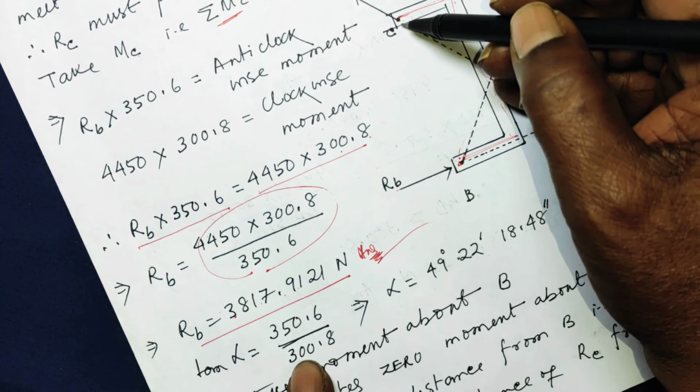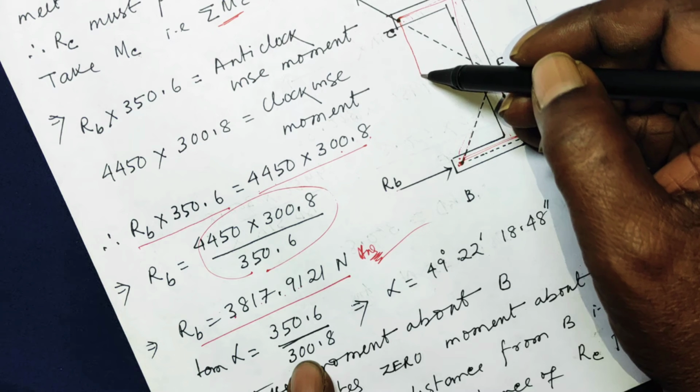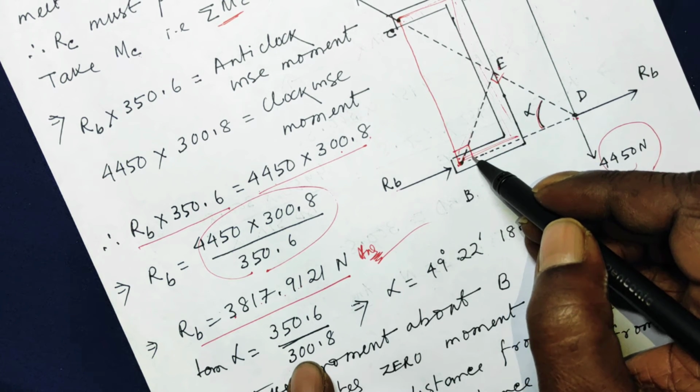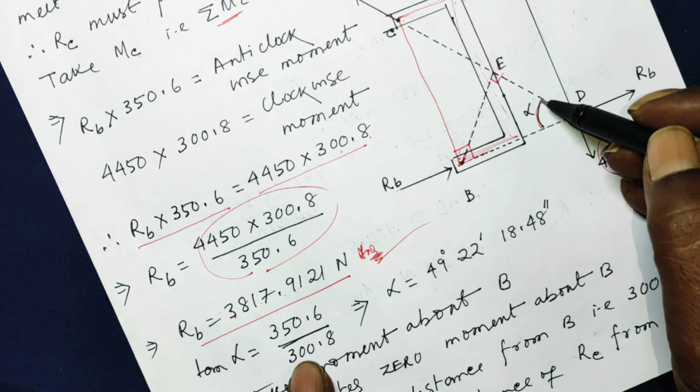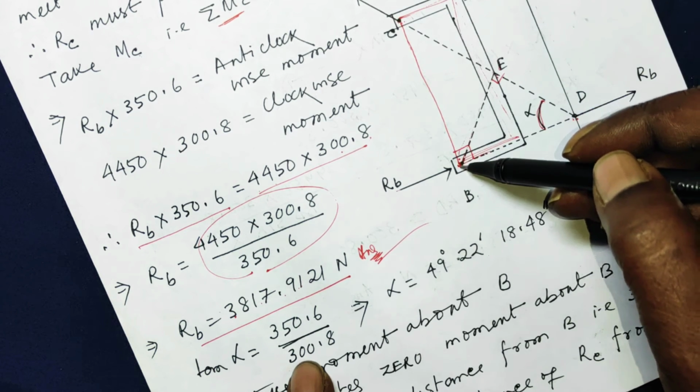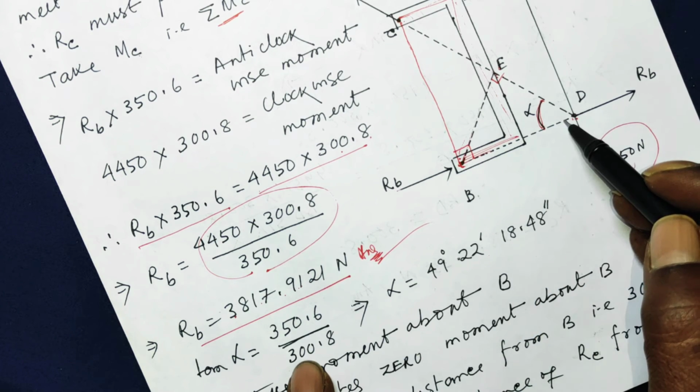We don't require it. Now, if you join it here, this is also 90 degree here. So your tan alpha will be this distance BC over BD.